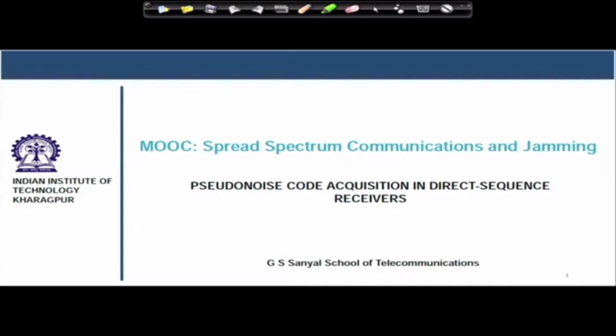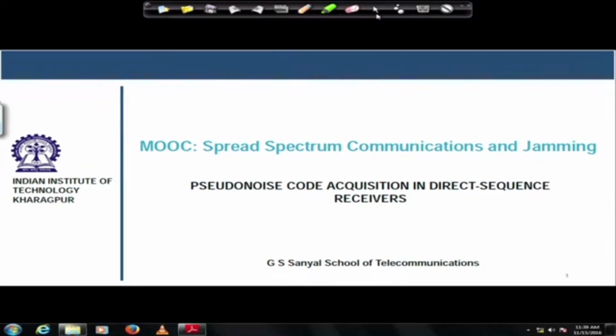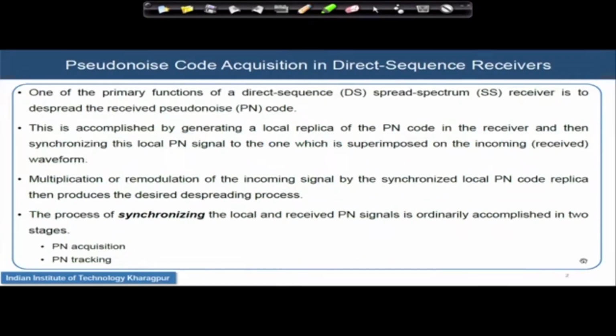Remember, code synchronization has two major parts: one is code acquisition and another is code tracking. Code acquisition is the very first part of code synchronization. Today, we will learn how code acquisition is done inside a direct sequence receiver, understanding the fundamentals of this mechanism.